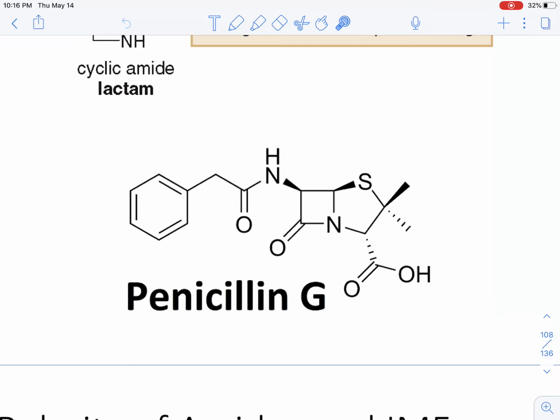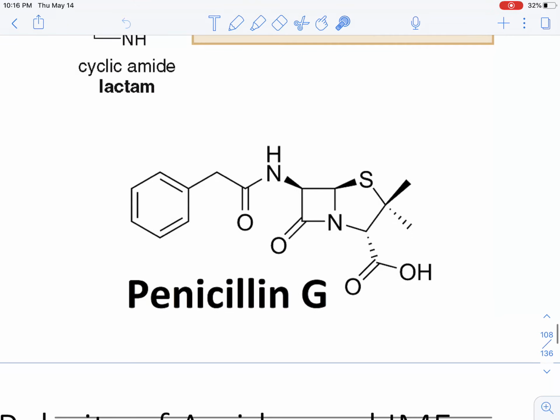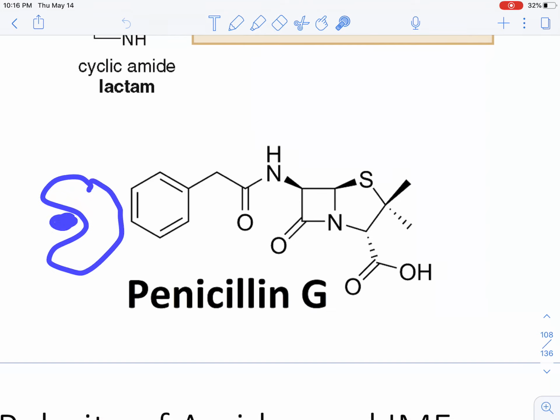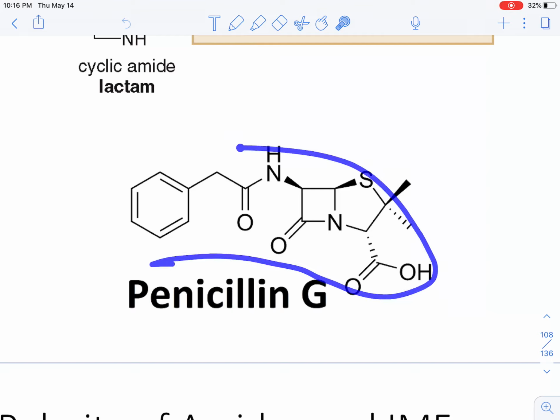If you can imagine that you have this enzyme in which the penicillin is permanently stuck in the active site, nothing else can come in. If something does try to come in, it'll just bounce right off because that space has been taken up by penicillin.